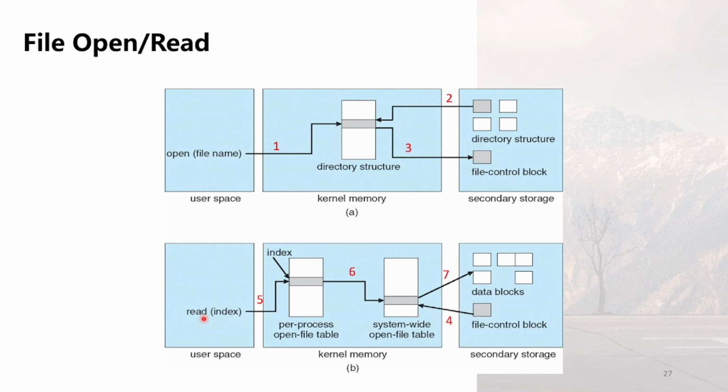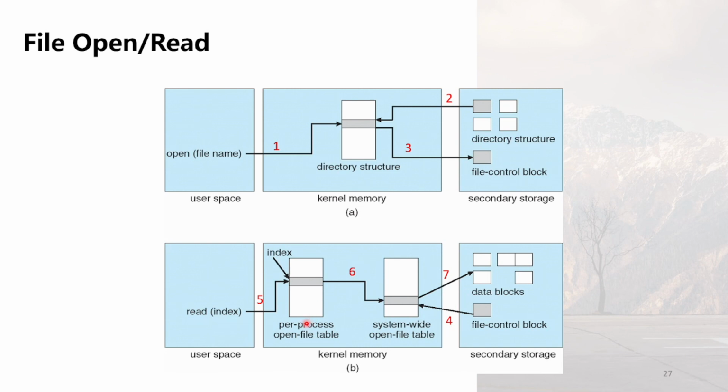When we want to read or write the file, there should exist two tables in memory at this point. One is the aforementioned system-wide open file table, and the other is the per-process open file table.